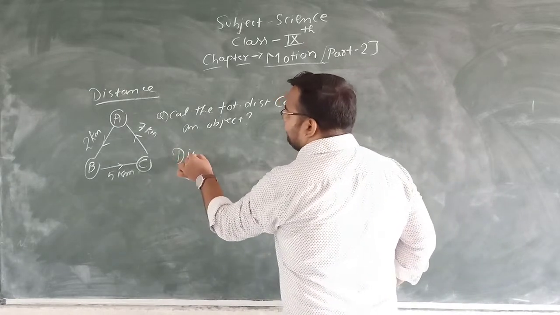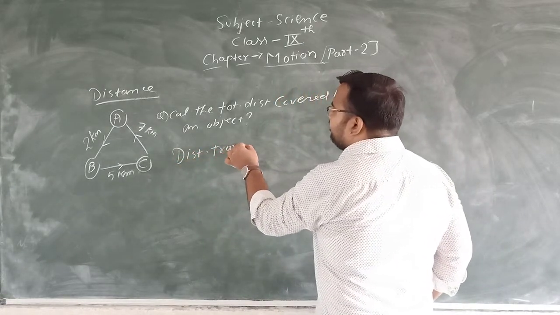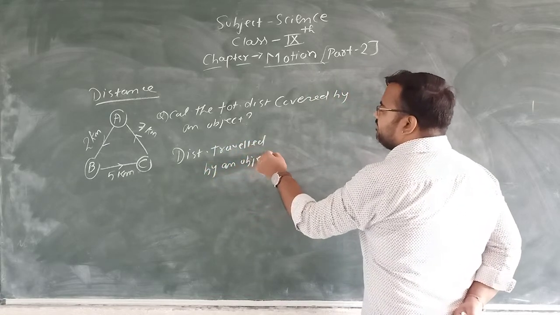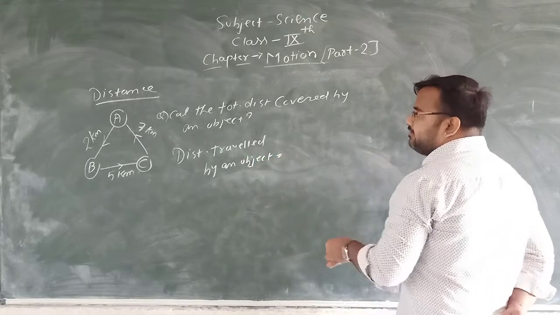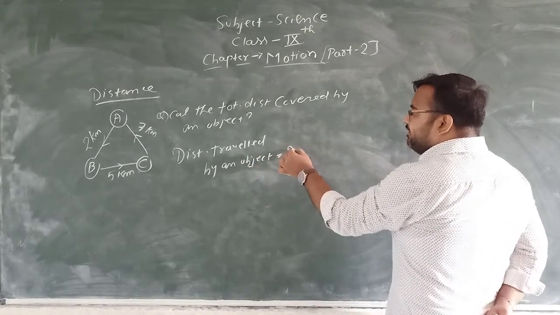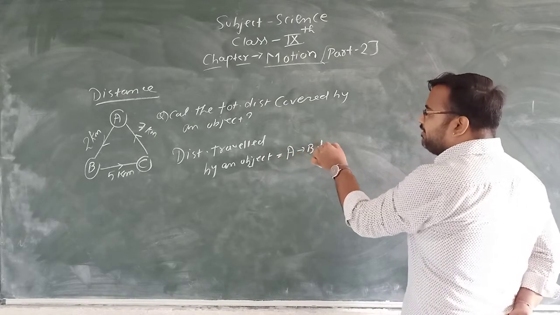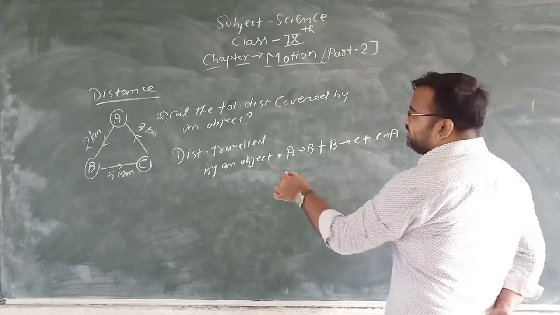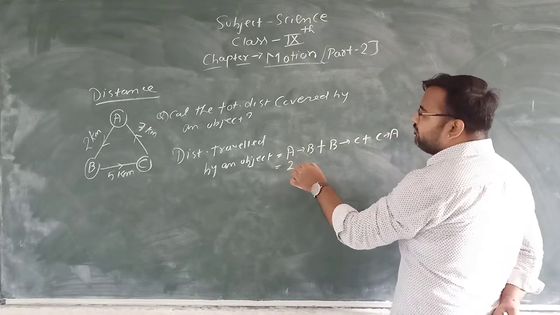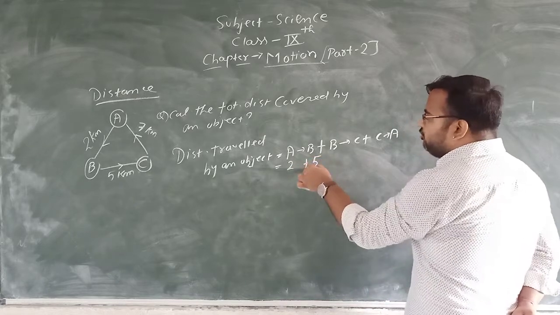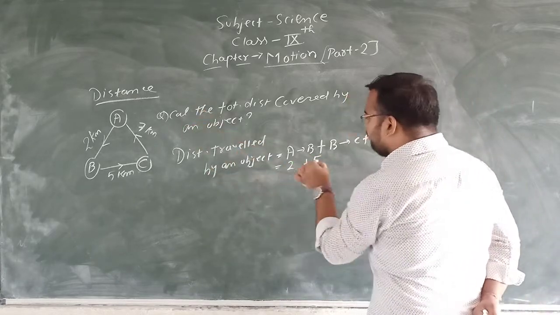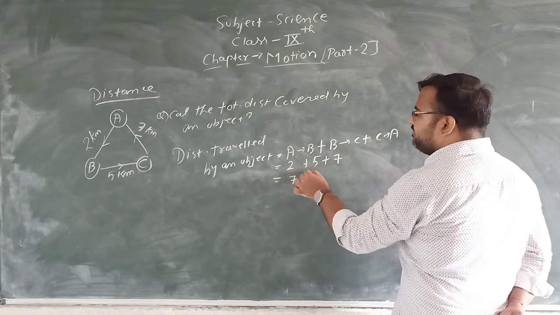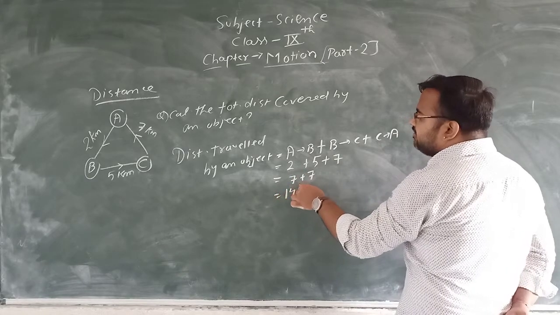So the distance traveled by the object we can solve as: the object starts its journey from A to B plus B to C plus C to A, and the object traveled 2 km from A to B, 5 km from B to C and 7 km from C to A. So 5 plus 2 is 7, plus 7, the answer is 14 km.